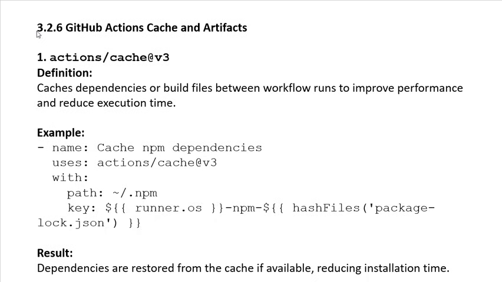The other subtopic, 3.2.6, is GitHub Actions caches and artifacts.